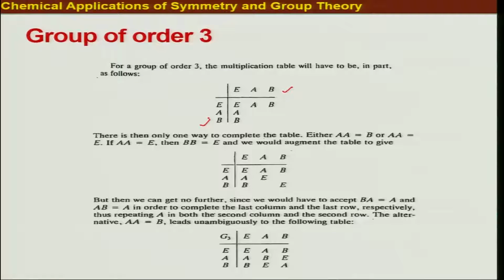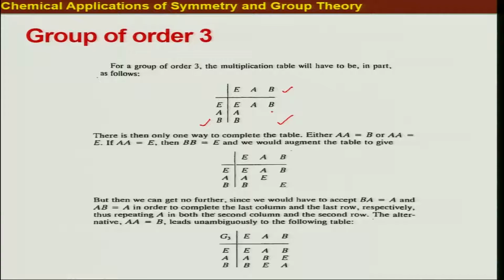Then you start multiplying by following the combination rule that we just stated. So E combines with all the elements and gives you back the same element. So the first row and the first column are very easily figured out. That is very trivial and one can write it out.